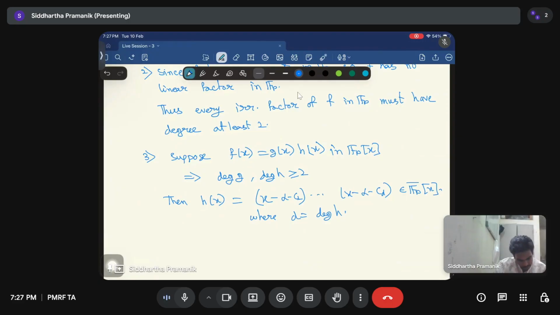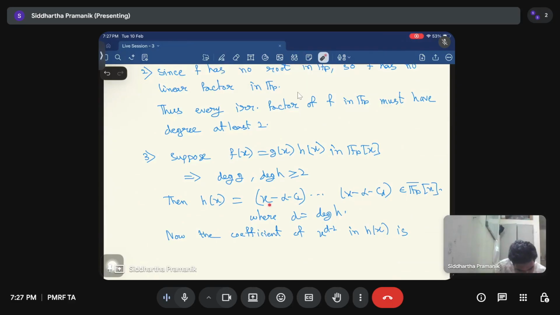Now what is the coefficient of x to the d minus 1 here? The coefficient of x to the d minus 1 in h(x) is, so here we have one term up to d terms, so we need the coefficient of x to the d minus 1.